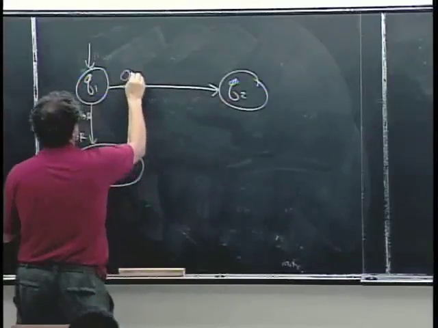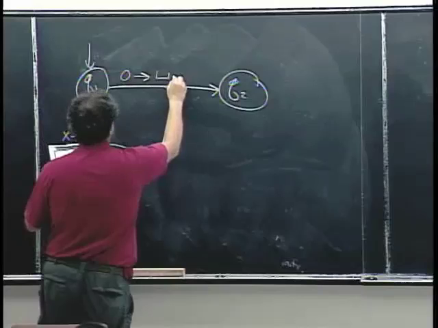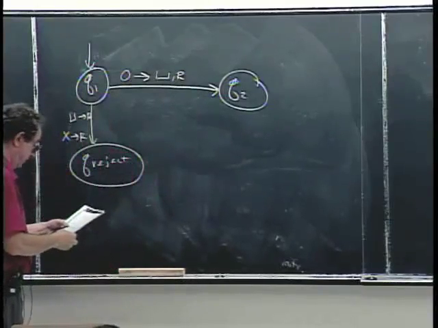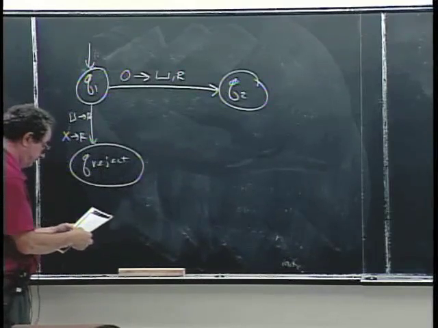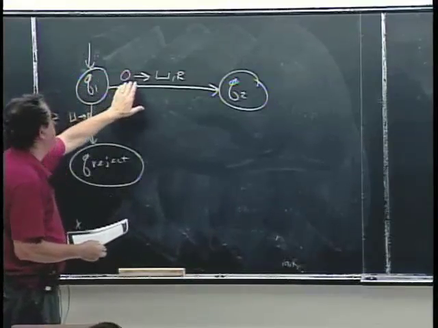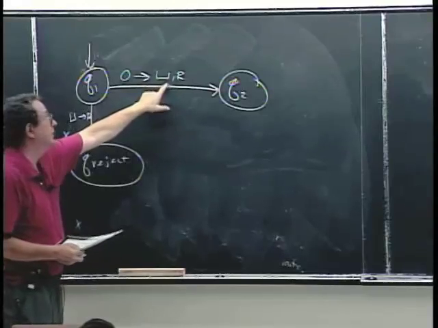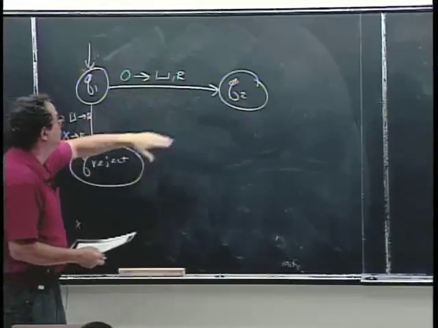Q2, 0 goes to... okay, so that means that if we're in state Q1 and we see a 0, then we're going to write a blank, and we're going to move to the right.